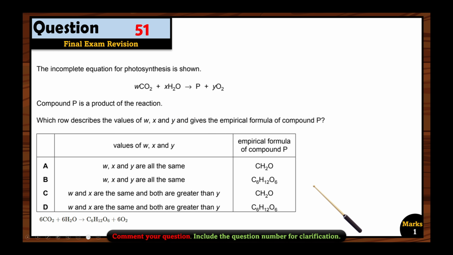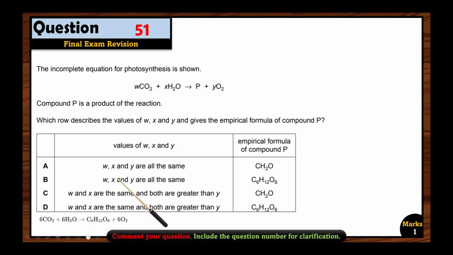Out of those 18, in P we already have 6. So 18 minus 6 is 12. So we need 12 oxygen here. If oxygen is O2, then what will you get here? 6. So 6 twos are 12. So W is 6, X is 6, and Y is also 6.